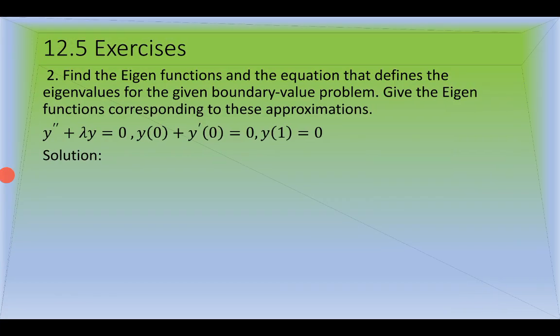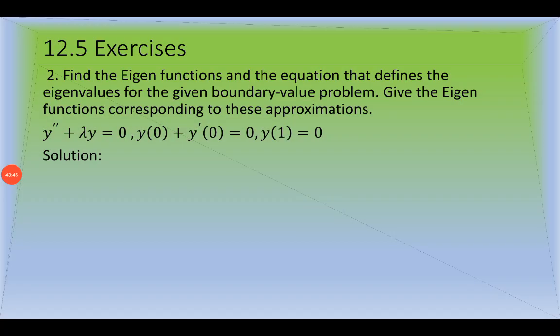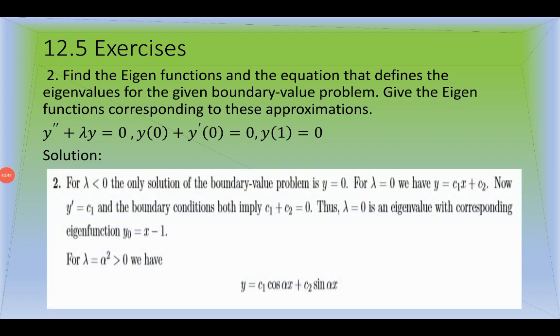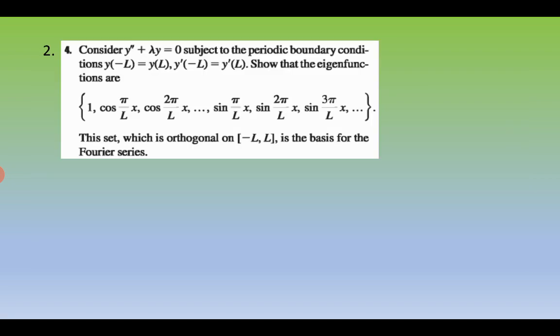Now let's go to the next problem from the PowerPoint. This has been solved. The next problem is coming up. You can verify the answer here.